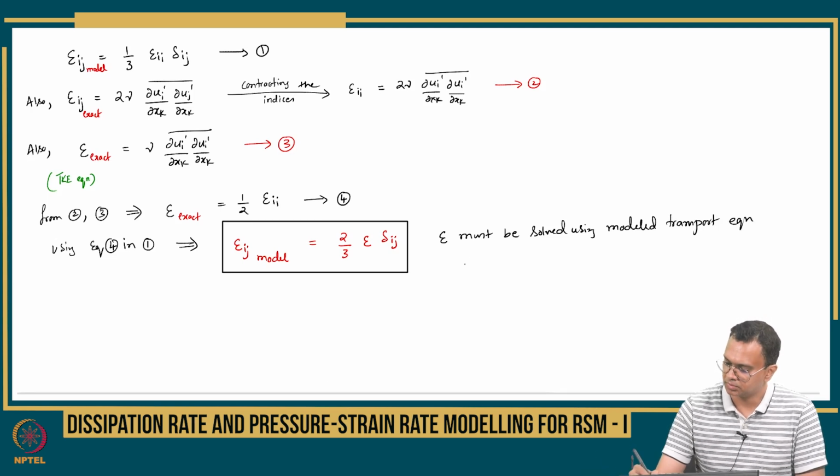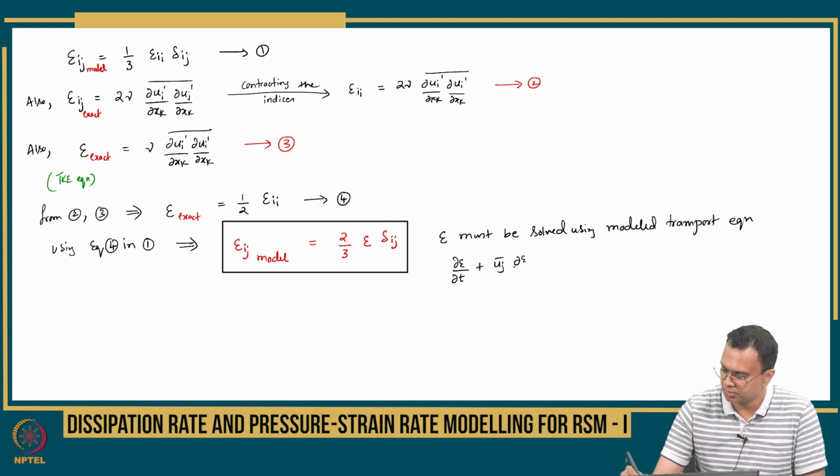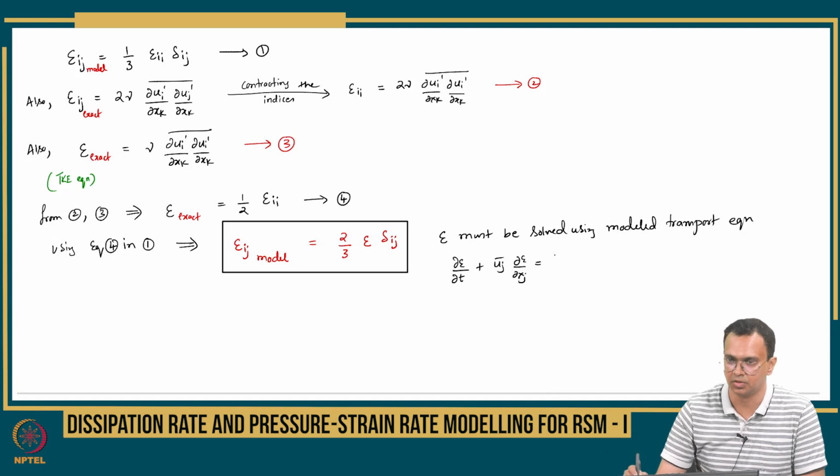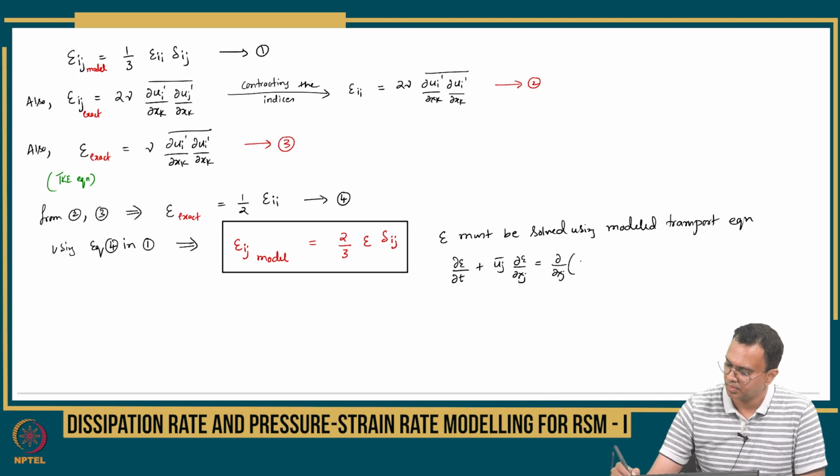that we have, that is ∂epsilon/∂t plus Uj bar ∂epsilon/∂xj. This you are all familiar with in the eddy viscosity model, right? So you have ∂/∂xj of, what do I have here?